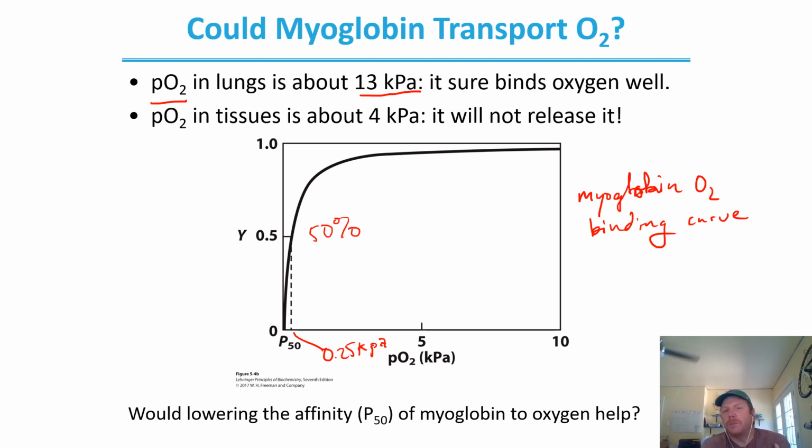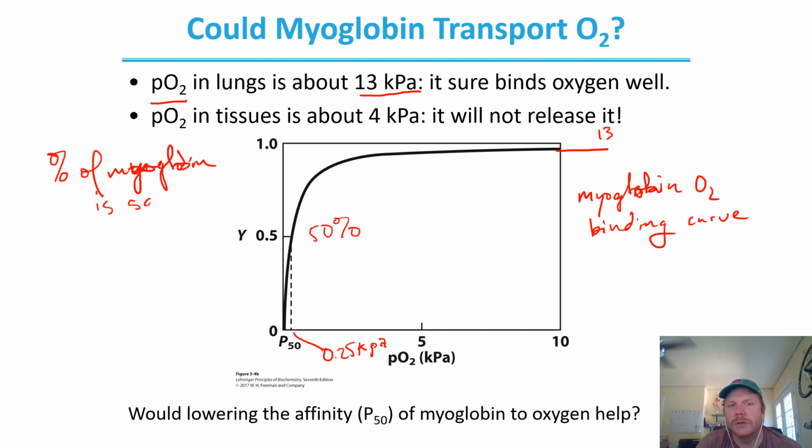If myoglobin is put into an environment where the concentration of oxygen is approximately 13, we're talking out here, what percent of myoglobin is saturated? We're talking like 90+% if it's 13 kilopascals.